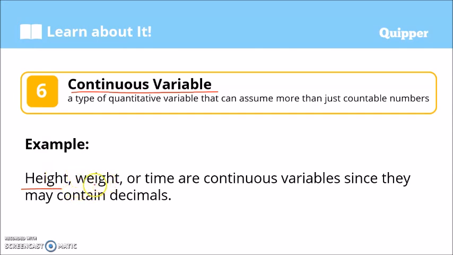Ayan. Yung weight naman, ganun din. Yung time. Pwedeng 1 minute and some seconds, diba? 1.5 minutes, ganun. So, it can be expressed as a whole number, it can also be expressed as decimals. So, they are examples of continuous variables since they may contain decimals. Right? Continuous variable.